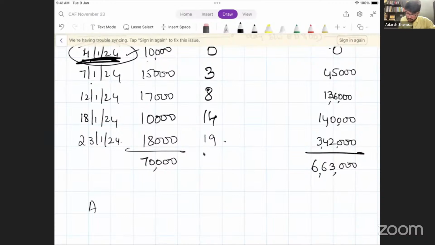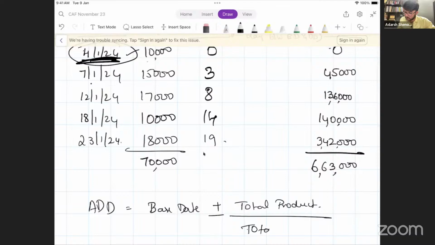Now we put the average due date formula. The very important formula for average due date is base date plus or minus total product divided by total amount.